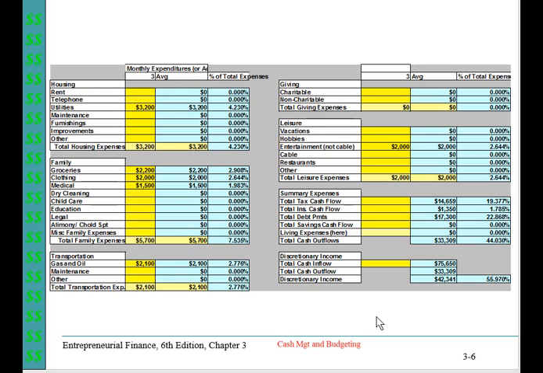Now, we may need to make changes. If discretionary income is too low, if there's not enough money being spent on retirement or savings, if there's so much debt that it's constraining our month-to-month living arrangements, then we need to figure out, how can I change the things that I'm doing?